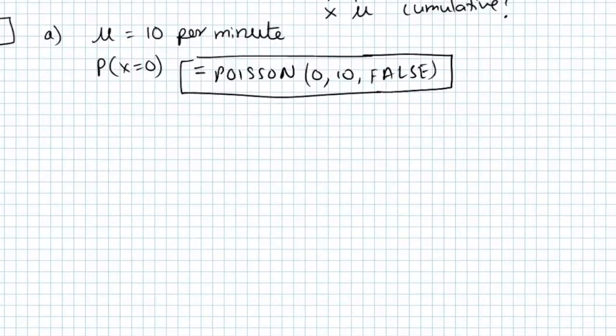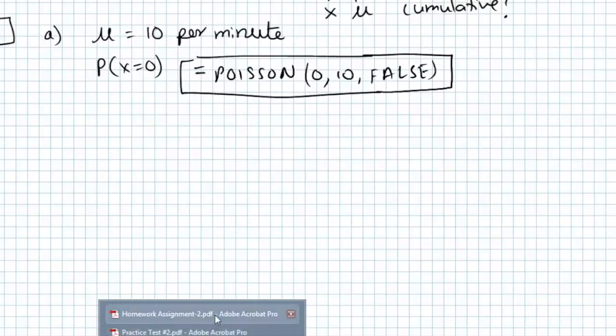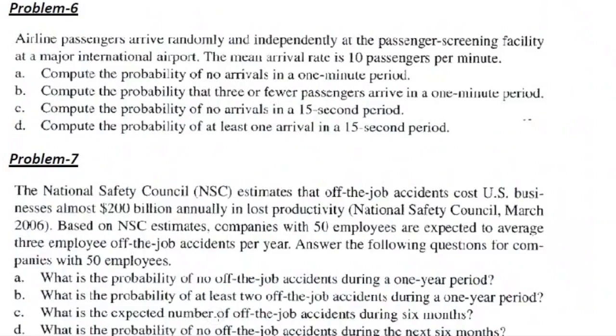The only one thing you have to be careful about while doing a Poisson distribution problem is sometimes you are given this mu, like 10 passengers per minute, and A and B are asking for a probability with the same time period, like 1 minute period. But C, you'll notice it is asking about 15-second period. So no arrival in 15-second period.